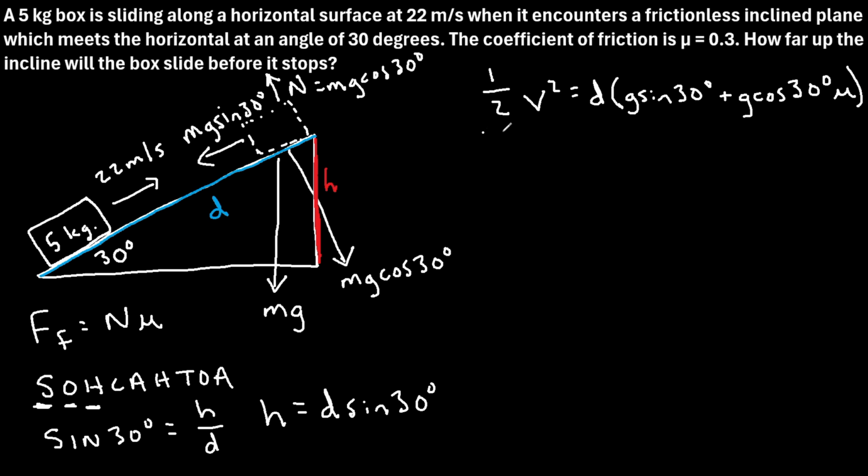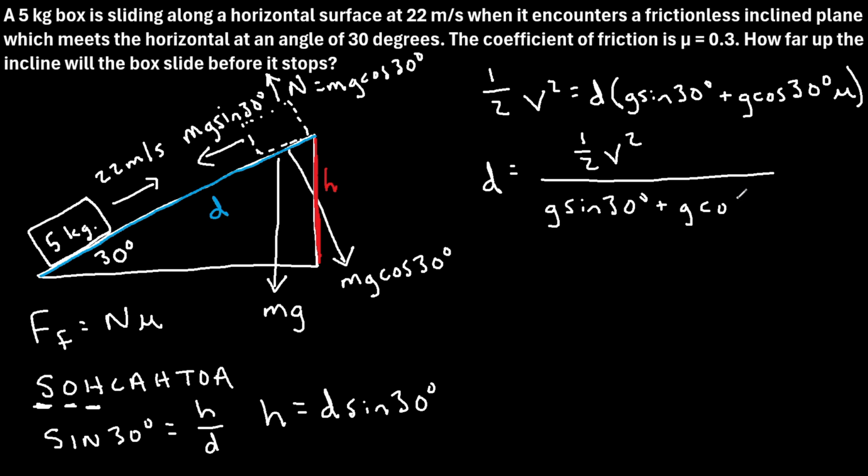Okay, so here's the equation that we left off on. And remember, to solve for d, we just need to divide both sides by this quantity. So d is equal to 1/2 v squared divided by this entire quantity: g times the sine of 30 degrees plus g times the cosine of 30 degrees times mu, the coefficient of friction.